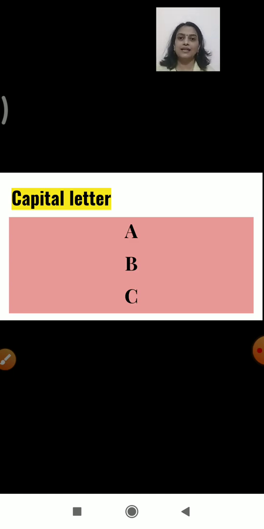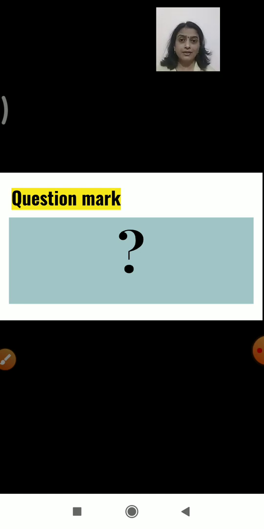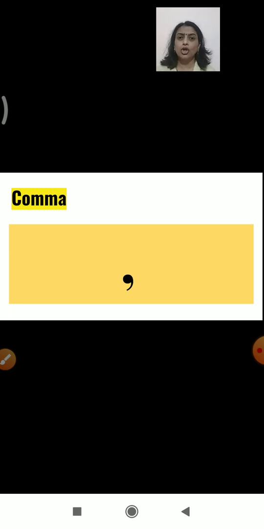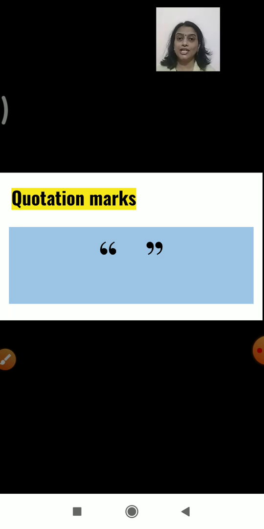Now there are various punctuation marks which are used in English, but today we are going to learn a few of them. Ready for them? Okay, so the first is capital letter. Okay, I'll just read out first and then I'll explain to you later on. Then you have the full stop. Now full stop is also called period. Okay, so full stop. Then the question mark, exclamation mark, comma, apostrophe, quotation marks.